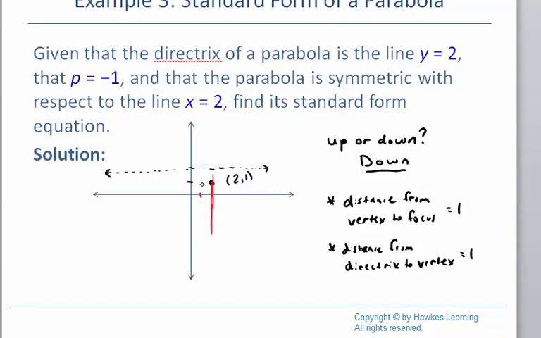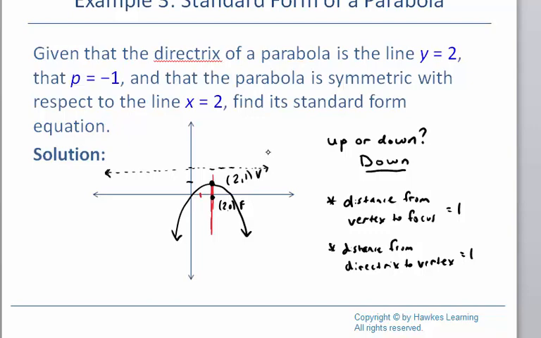And we've already said that the parabola is going to open down. I don't know exactly how wide to make it, but I'm just doing a rough sketch here anyway. So we have our vertex at (2, 1), and our focus would sit 1 unit further down, so this would be the point (2, 0) for the focus.